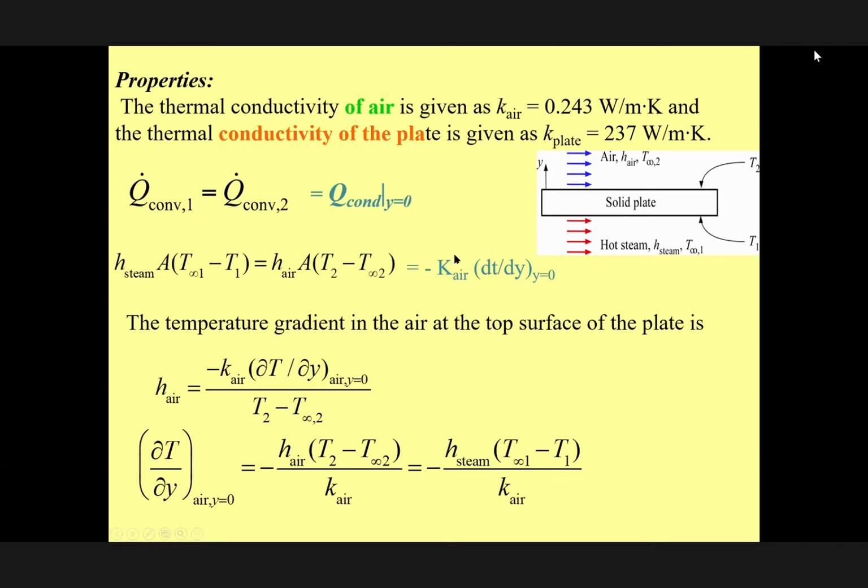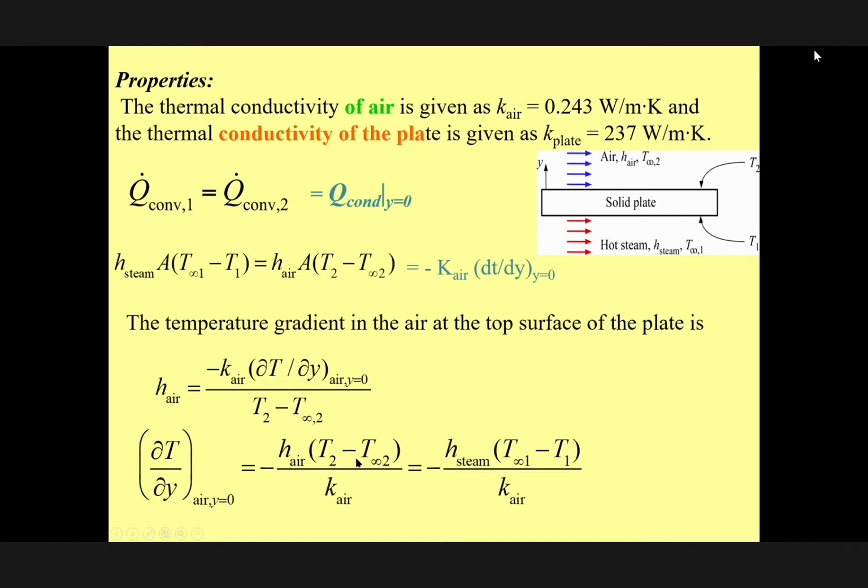And since this is equal to this one, I can write for the T infinity that I have, this is the K, and from here I can calculate my temperature profile that I needed. This is the unknown component. Okay, if I calculate the temperature profile here, because I'm in air, this divided by this.